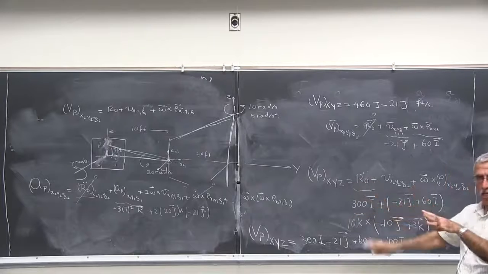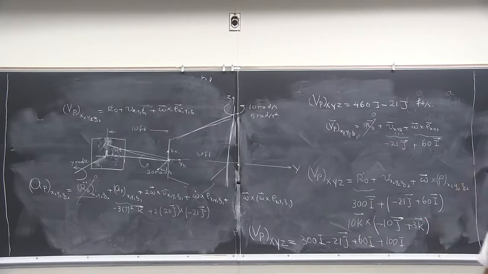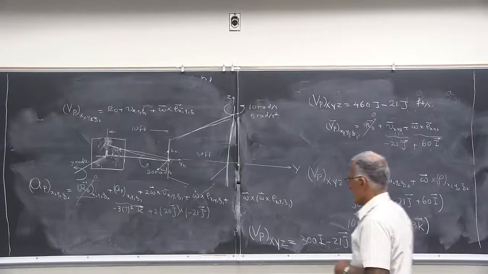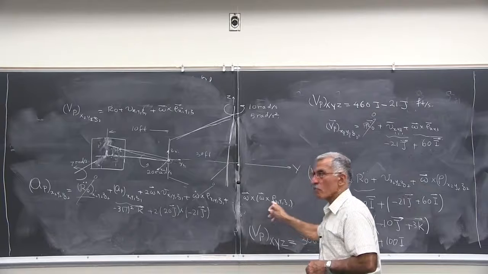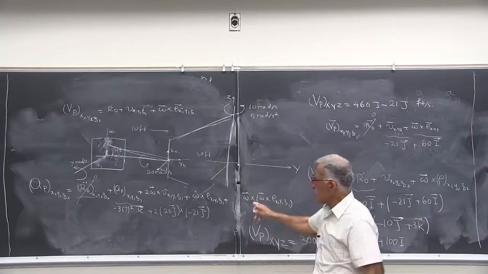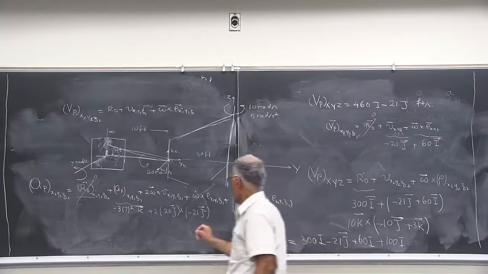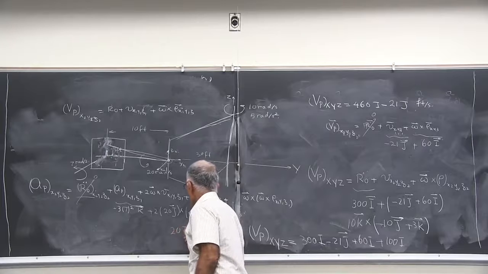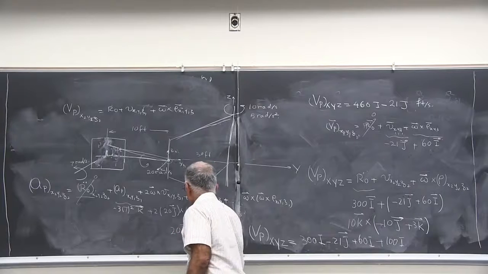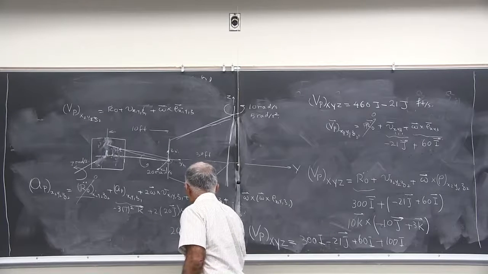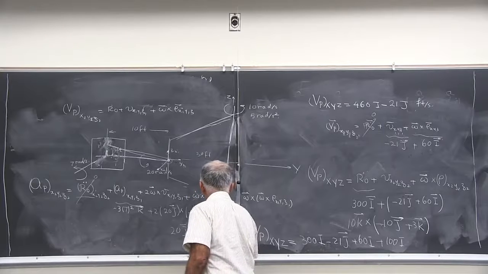This omega in this equation is the auxiliary reference frame rotation. Finally, we have omega times omega times rho x1, y1, z1. And again, this omega is 20j, times 20j, times 3k.